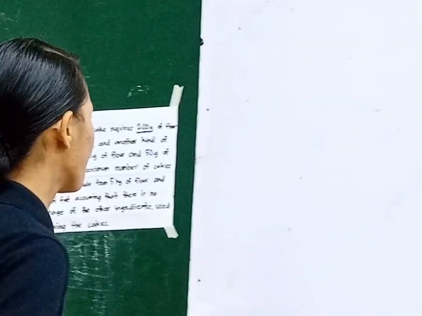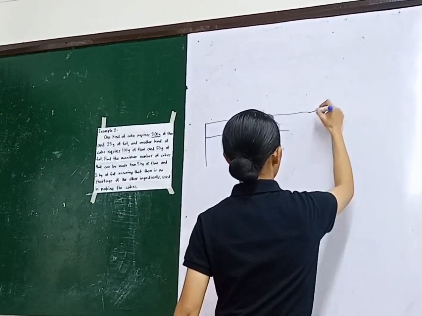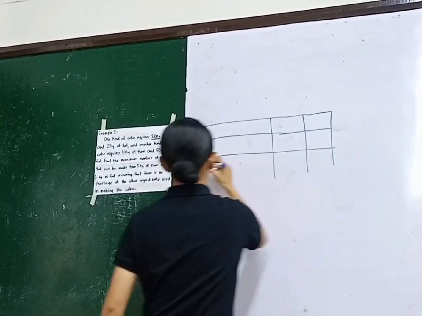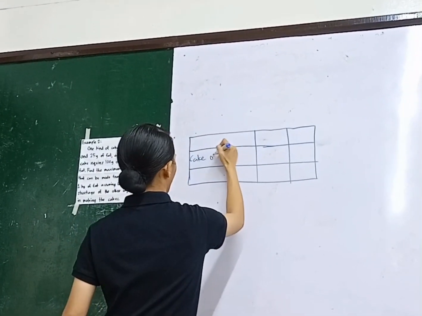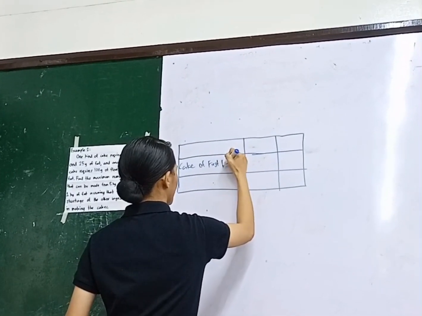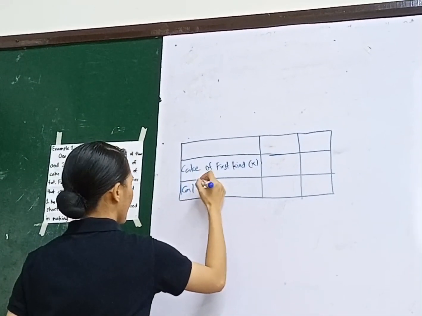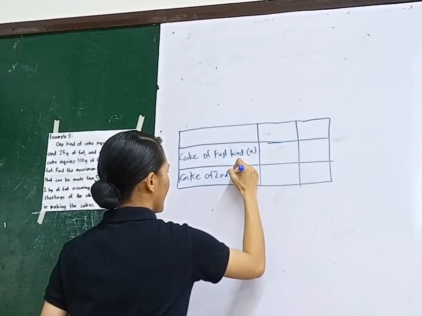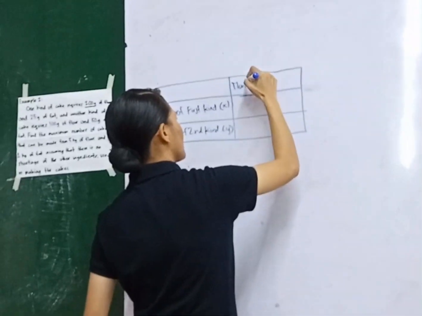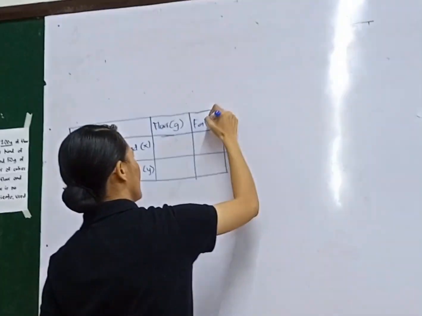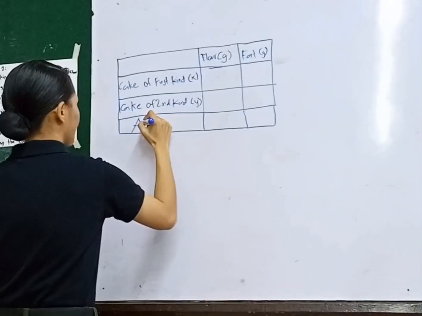So first, we create a table. Cake of the first kind is our x, and cake of the second kind is our y. Flour grams and fat grams, and availability.